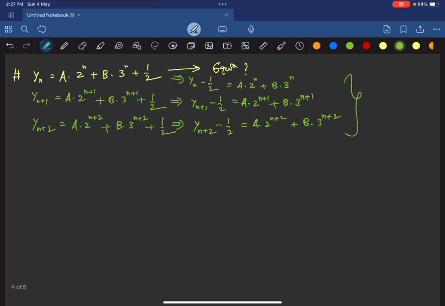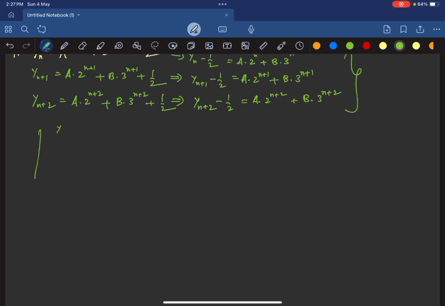Now from this setup you can write this determinant: yn minus half, yn plus 1 minus half, yn plus 2 minus half, and here 2 power n, 2 power n plus 1, 2 power n plus 2, 3 power n, 3 power n plus 1, 3 power n plus 2, equal with 0.